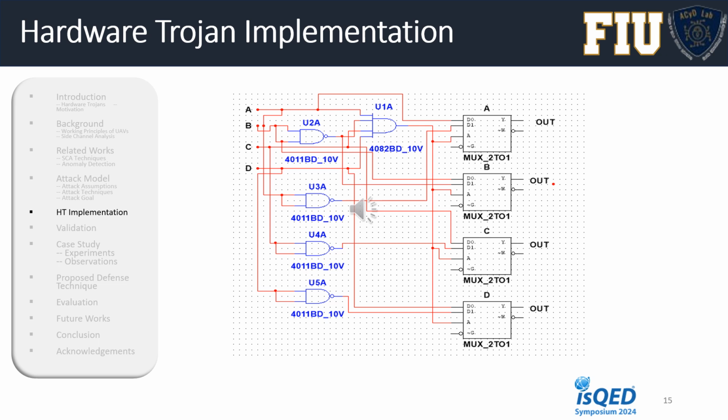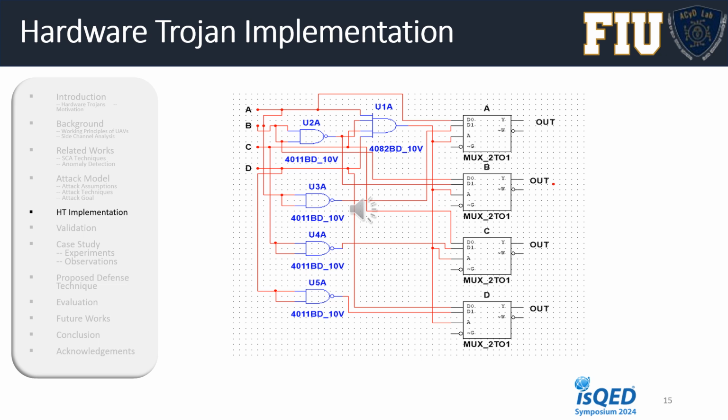As you can see here, we have our hardware Trojan implementation on the circuit level. We have the 4 inputs, which are the 4 PWM signals. In this case, it's A, B, C, and D. And we have our payload circuit, which consists of all these blue elements.